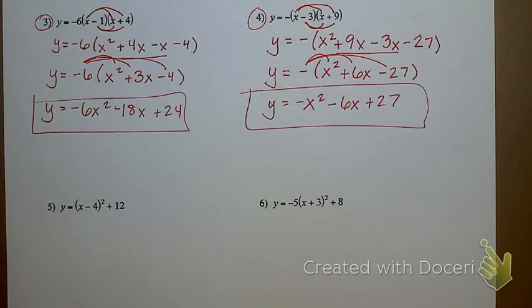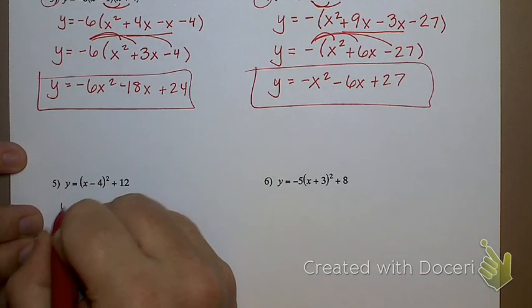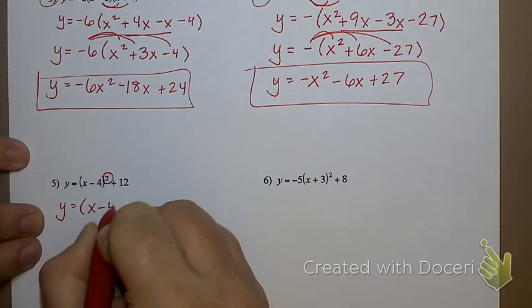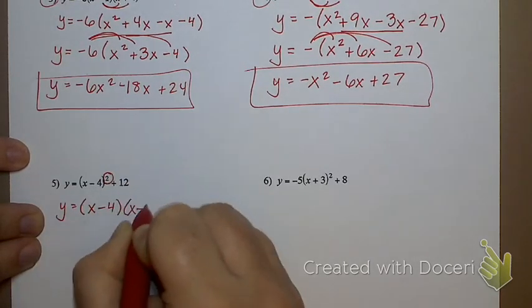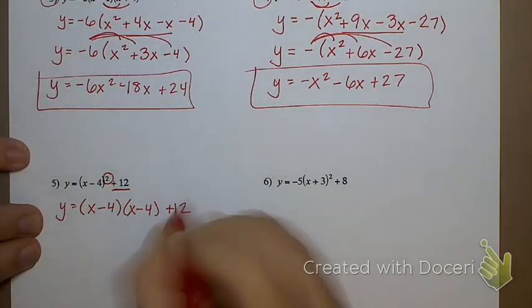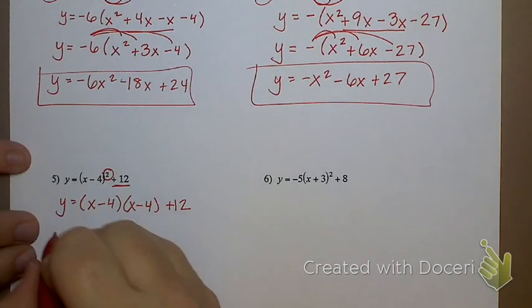Because this you already did. Right? Very similar. When we have the squared, that means we have to write it twice. Oh, yeah. And then we're just going to keep that plus 12 hanging out at the end. Oh, that makes sense. Okay?